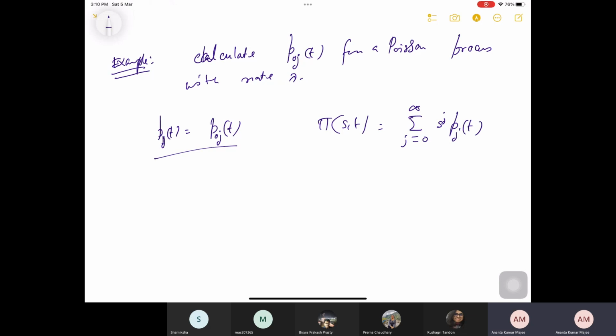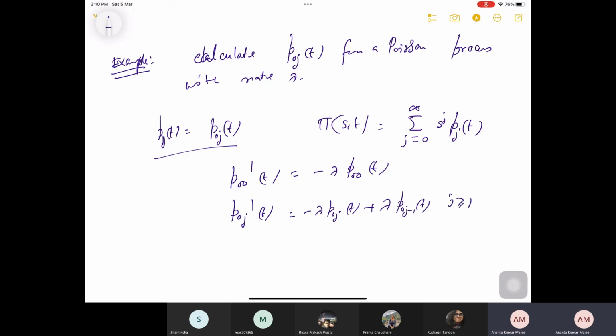Now use Kolmogorov's forward equation: p_00'(t) is minus lambda p_00(t), and p_0j'(t) is equal to minus lambda p_0j(t) plus lambda p_0,j-1(t) for all j greater than or equal to 1. This is from Kolmogorov's forward equation.